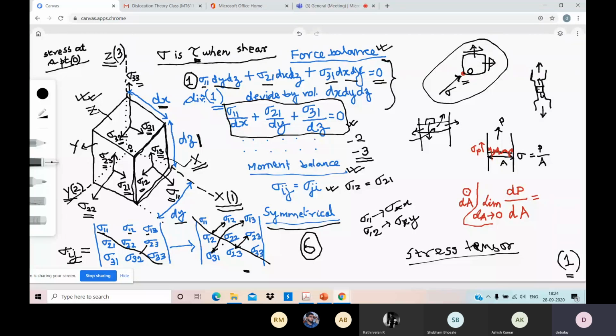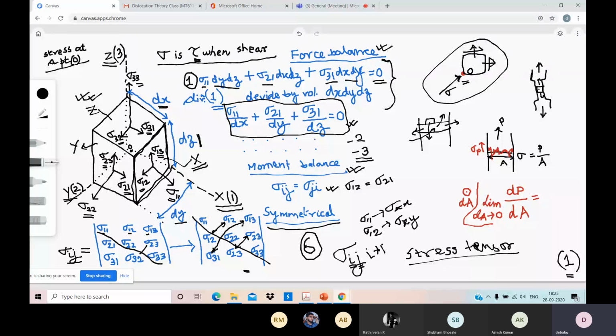Here, one very important aspect is, if I write any stress component as sigma ij, what is i representing and what is j representing? What is the convention of writing a component? As per the drawing, you can clearly understand: i basically represents the plane on which the stress is acting.